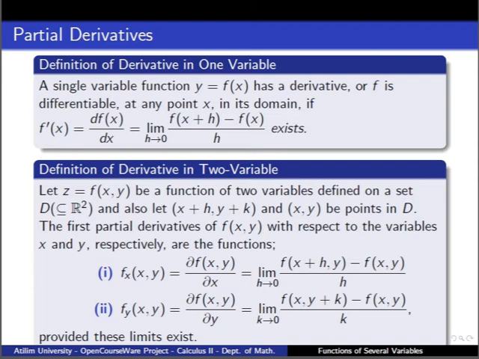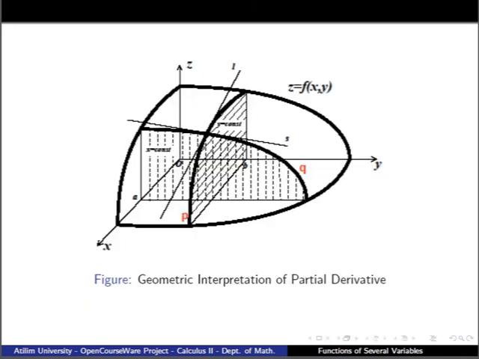Hence, in this way, we give partial derivative definitions of f with respect to x and y, provided that these two limits on the right hand side exist. But remember that for the functions of a single variable, we also give a geometrical interpretation for the meaning of the derivative. In this case, we will give a very similar argument for the partial derivatives of f with respect to x and y.